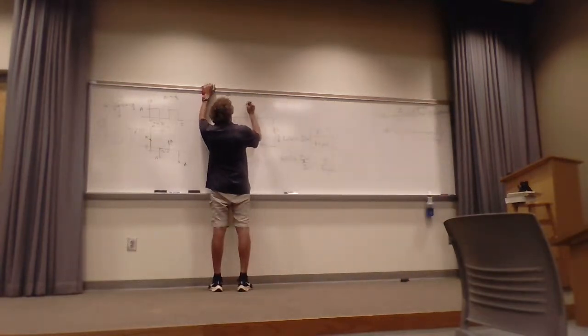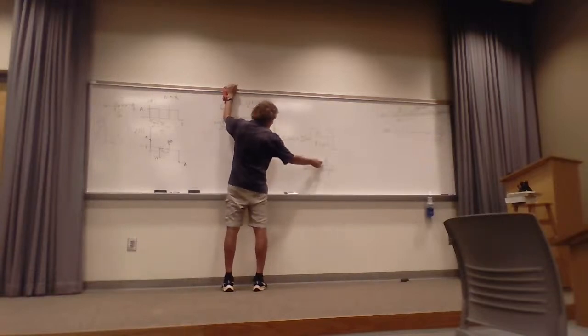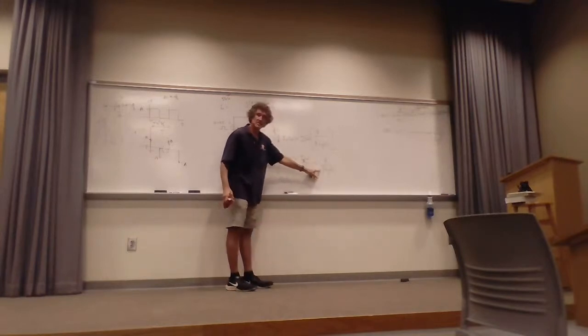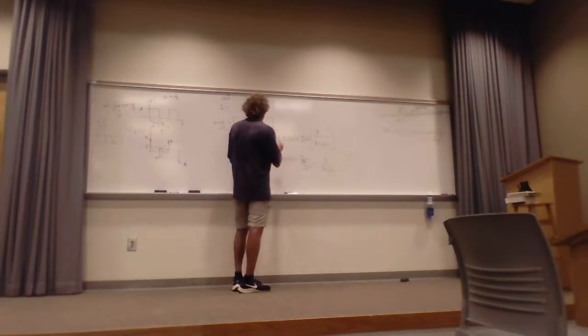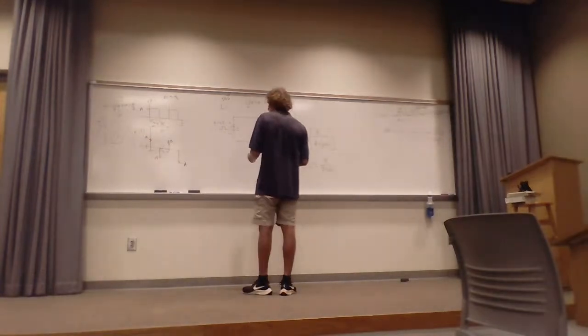So now I can say my I of t through the inductor, this is in the time domain, would be C0, and then I evaluate this at 0. Do you all see that this function when omega is 0 is just R over R, which is 1? So it's just C0, the average value of the current, plus the summation from n equals 1 to infinity of 2 times the magnitude of C of n.